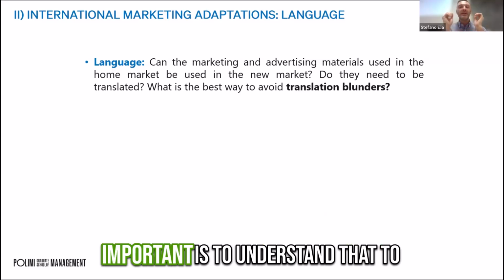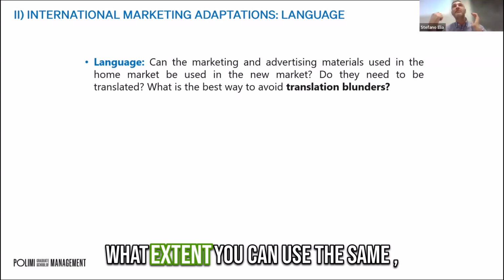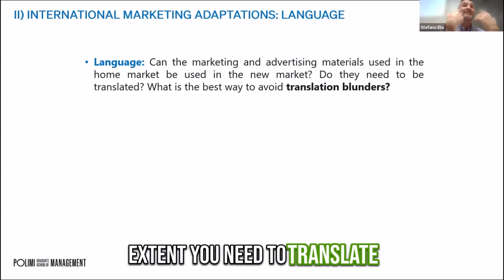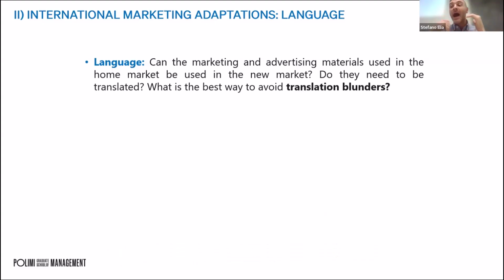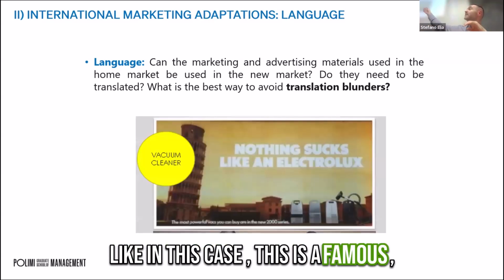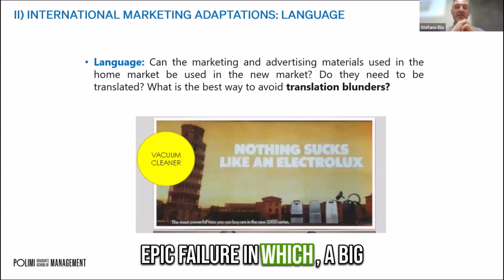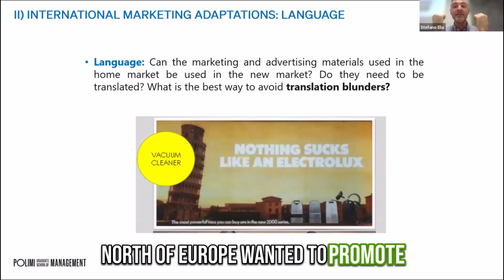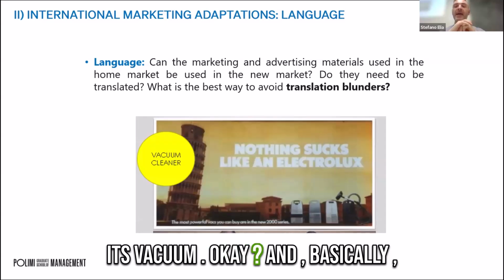What is important is to understand to what extent you can use the same marketing materials, to what extent you need to translate, and how to avoid translation blunders. Like in this case, this is a famous epic failure in which a big multinational company from the north of Europe wanted to promote its vacuum cleaners.